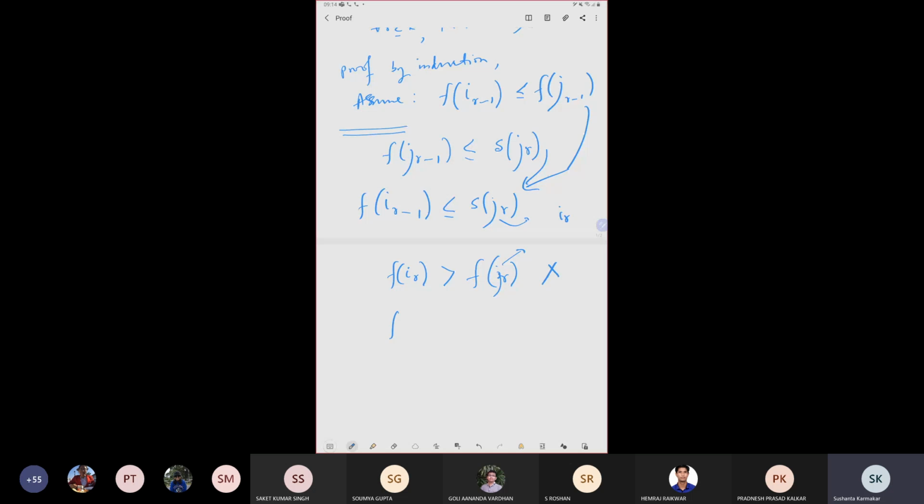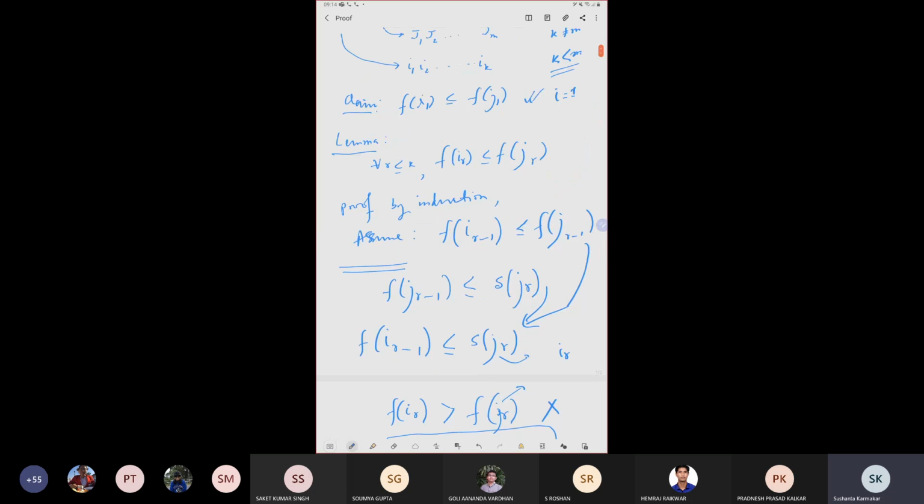Why? Then it must be the case that the finish time of IR is less or equal to the finish time of JR. That's why it chose IR. Okay. And this is the thing that we intended to show.